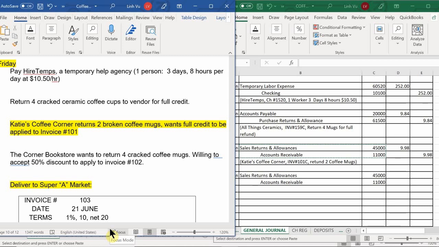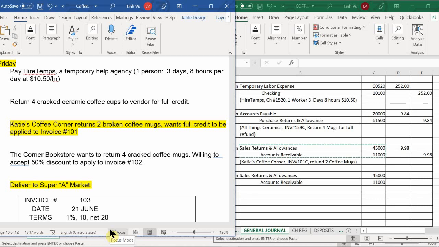So the price from the cups is gonna be 50%, and then we reduce that from the amount on the invoice that he has to pay. Now there's only four of those mugs that were broken. Can he take a 50% discount on the whole entire thing? No, just on the four cups. Yeah. Okay. So that's what you do.